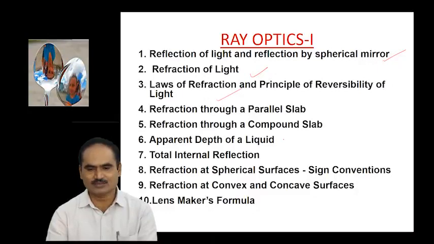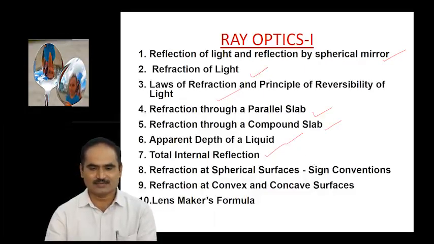Then refraction through a glass slab or parallel slab, or a slab of a different refractive index. Then refraction through compound slabs, the apparent depth of a liquid, and total internal reflection. This is a very important aspect. Many phenomena we are going to discuss based on this.